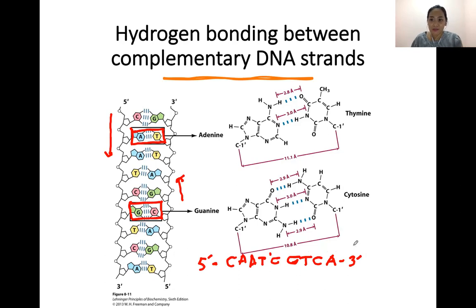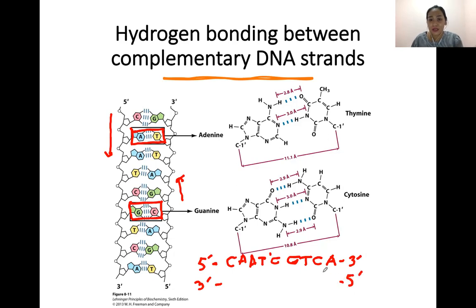And based on this information, you know that we have discussed earlier that the opposite strand runs in an anti-parallel direction. So this one here is 3', and then this one other end is 5'.